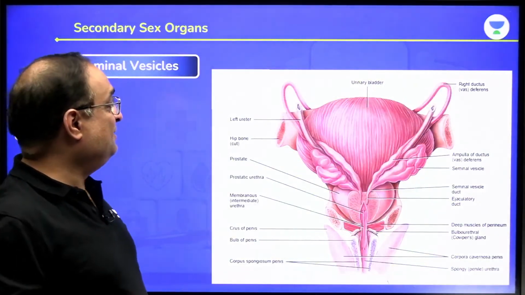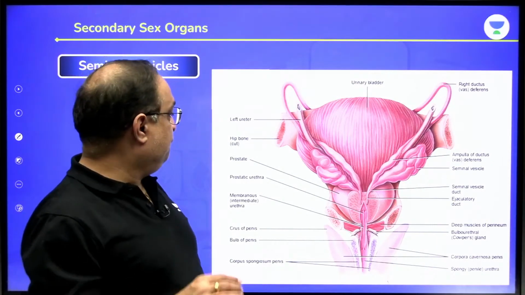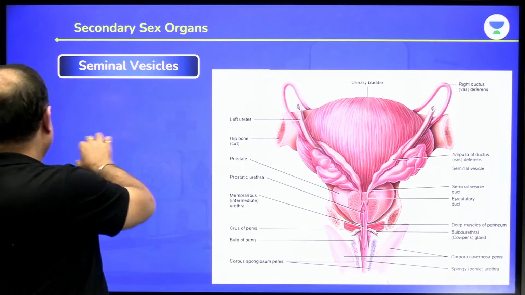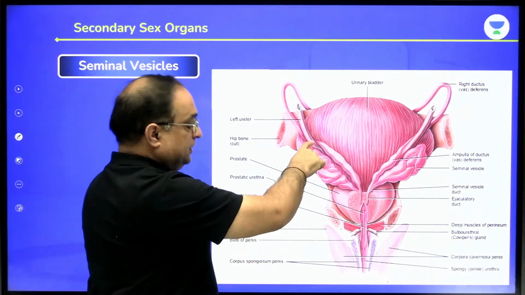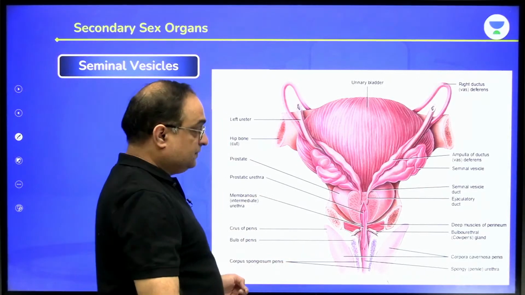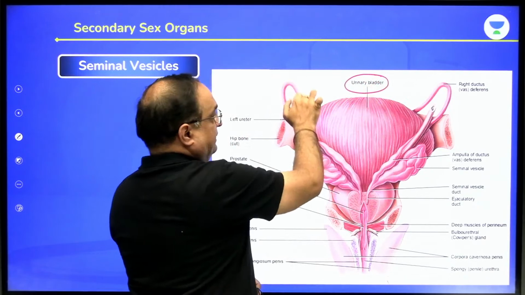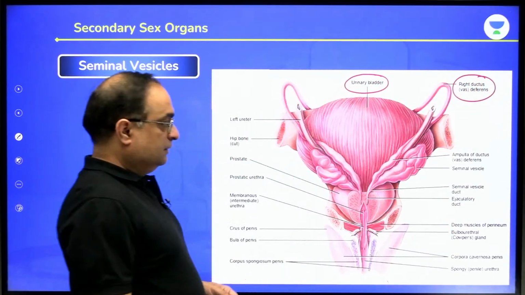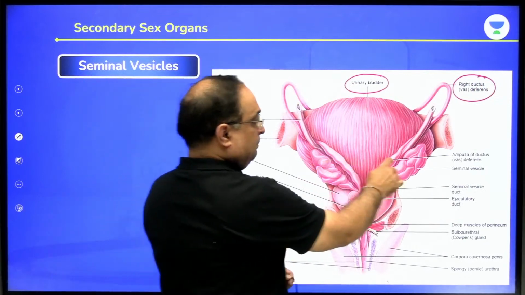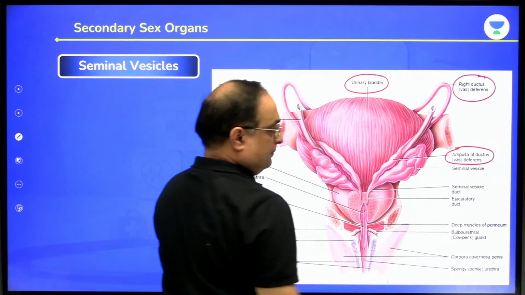Show the NCERT. Okay, look at this diagram and let me know if this is crystal clear to you. I'll highlight certain things. This structure you can see is the urinary bladder. These ducts going up and coiling are the vas deferens. The swollen portion of the vas deferens is the ampulla.